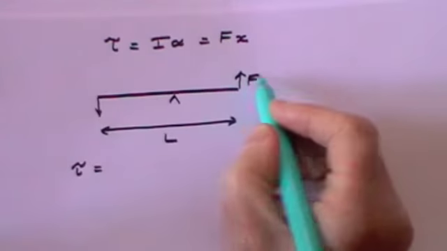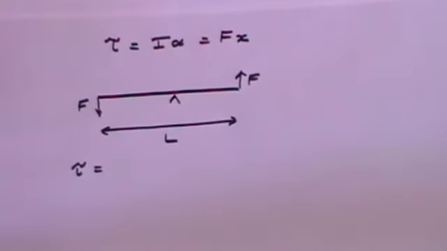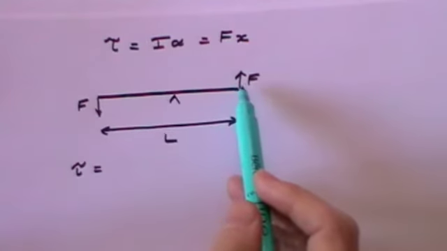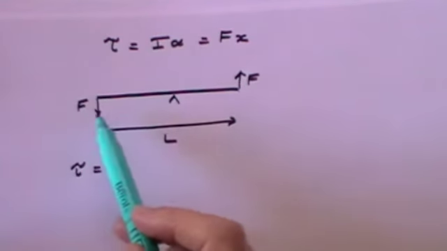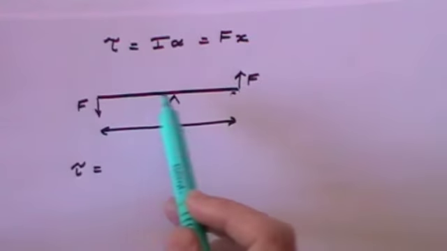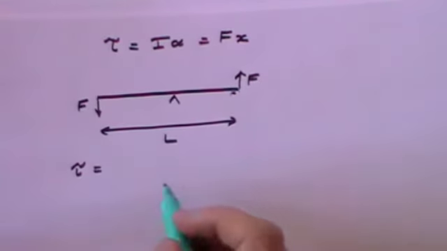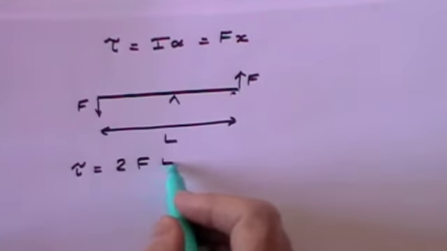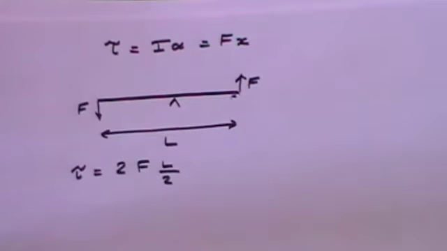This is a force here and this is the same force magnitude here. We know that the total torque is going to be twice the force times the distance, because you've got force times distance this side and force times distance this side, and each of them is going to be L/2 away. So this is going to be twice times the force times the distance, which is L/2.